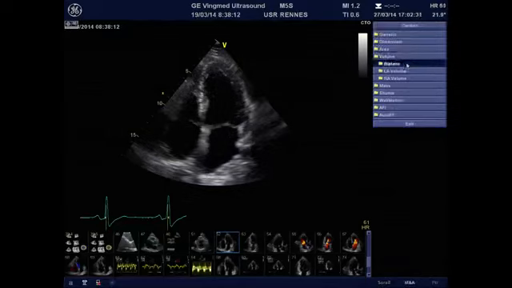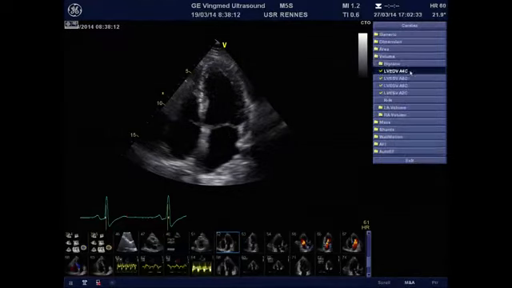So, usually I start with the LV end systolic volume. I do my best to include the endocardium within the LV cavity.